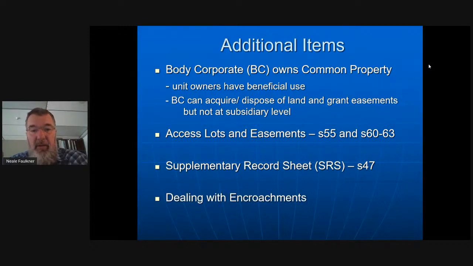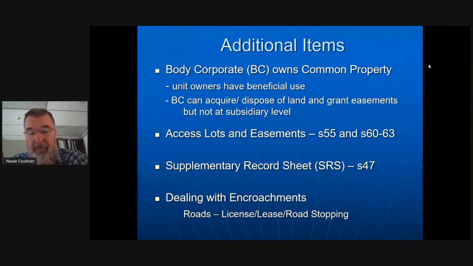Dealing with encroachments. A lot of the time buildings get built over boundaries, typically roads, where you'll end up with decks cantilevered out over roads, or canopies or stuff like that. The sledgehammer approach is to do a bit of road stopping and get the land back into the unit title development, but it typically won't happen because the council won't do that.